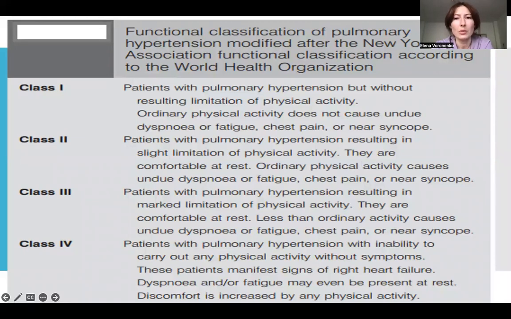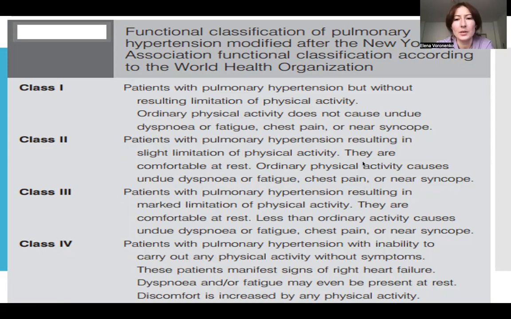Functional classification of pulmonary hypertension, modified after the New York Heart Association functional classification, according to the World Health Organization. Class 1: patients with pulmonary hypertension but without resulting limitation of physical activity.